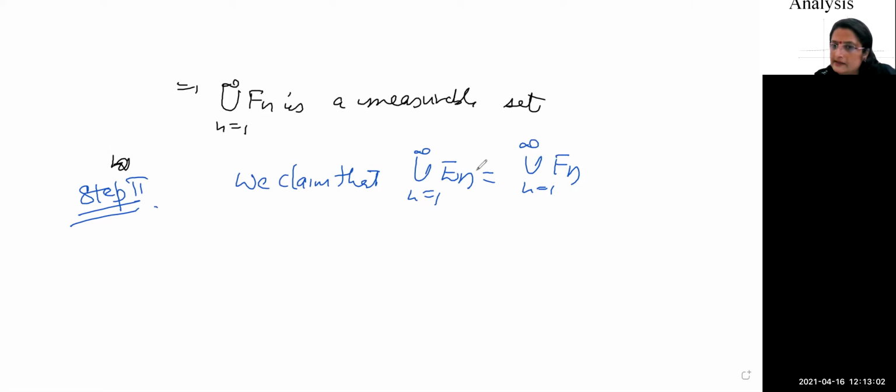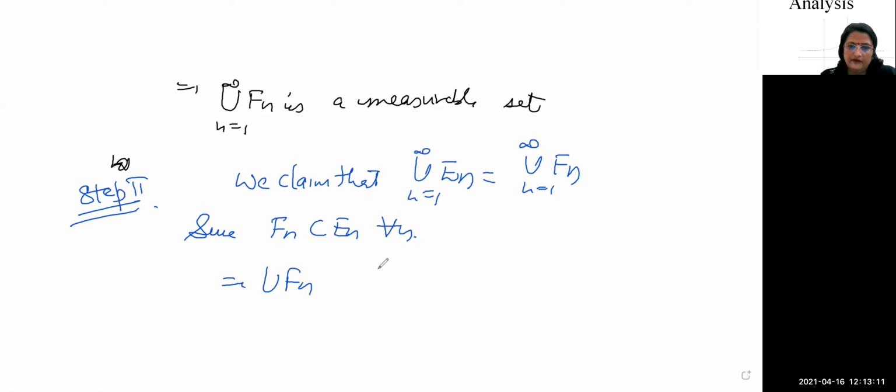This is contained in this and this is contained in this. Since each Fn is contained in En, definitely for all n, it implies union of Fn is contained in union of En, n running from 1 to infinity. So one point is clear.